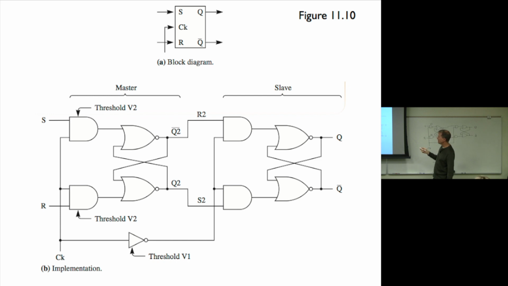All of these gates, 1, 2, 3, 4, 5, 6, 7, 8, plus an inverter, are inside that. You see that this has three inputs, S, R and CK, and two outputs, Q and Q bar. By the way, the left one is the master stage, and this one right here is the slave stage. You'll see why in a minute.